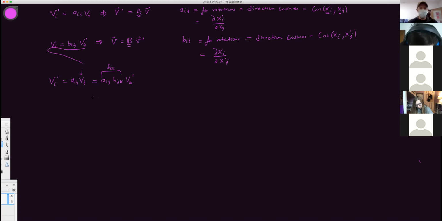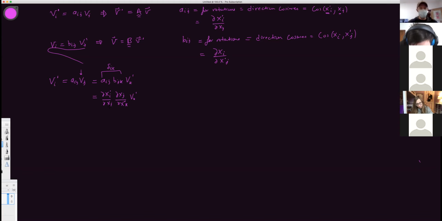But let's write that down in terms of the partial derivatives now. So we're going to put our Aij, partial x prime i, partial xj. And now for the Bjk's, we're going to say partial xj, partial x prime k, right? Vk prime.